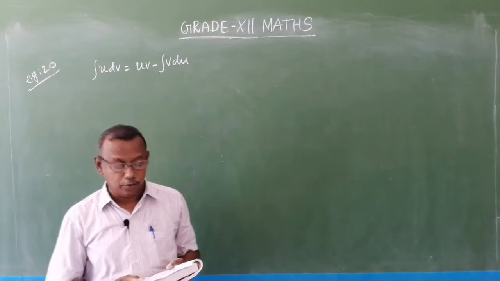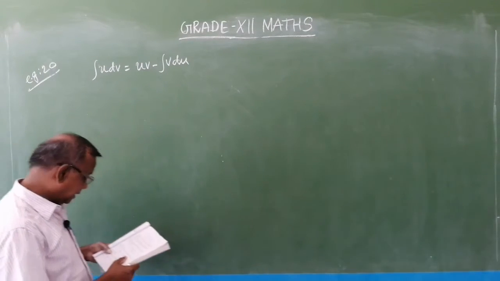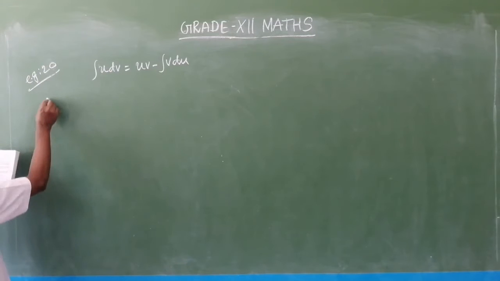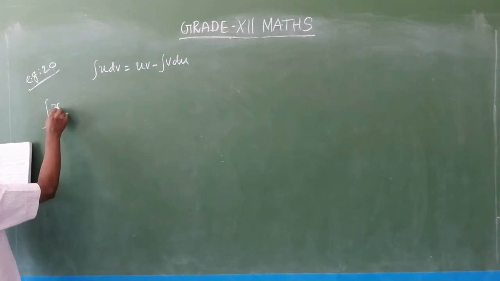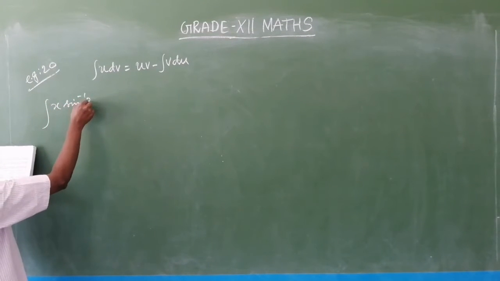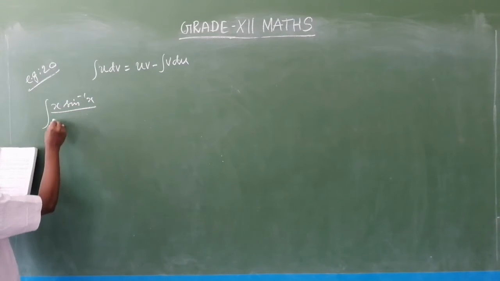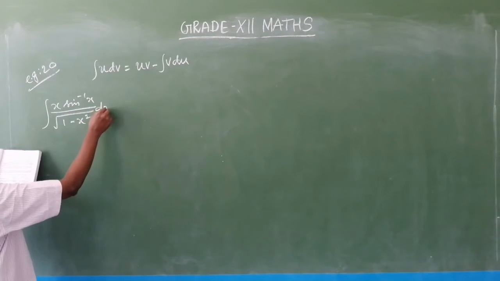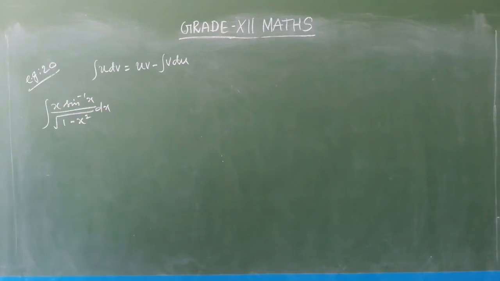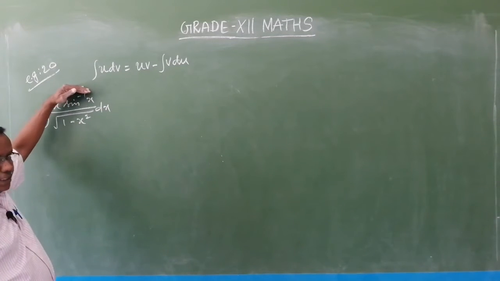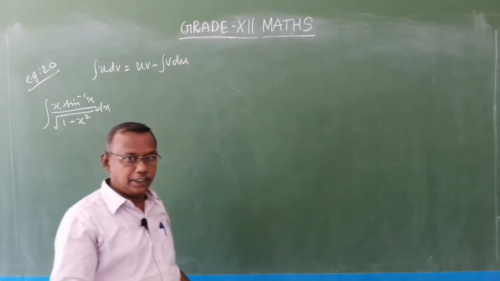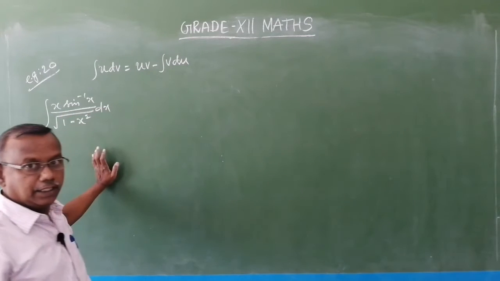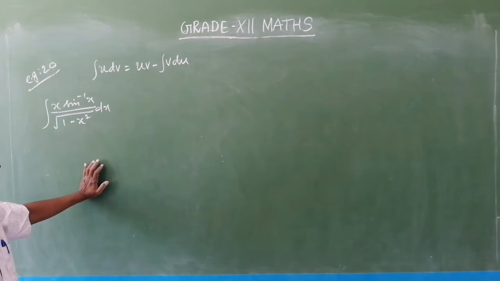Next, example 20. Find the integral of x sin inverse of x divided by root of 1 minus x square into dx. Here the sin inverse of x, tan inverse of x, log x, these functions cannot be integrated using the formula.